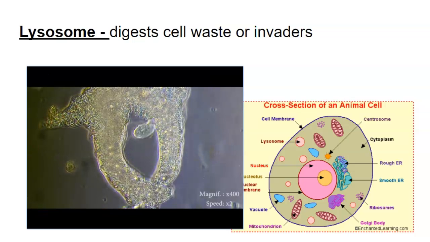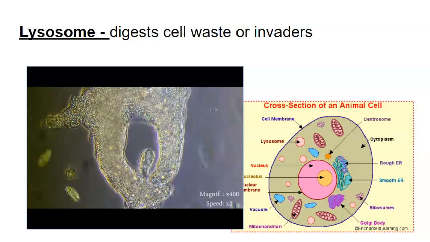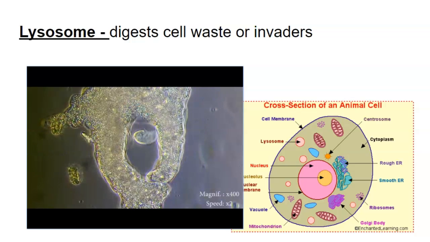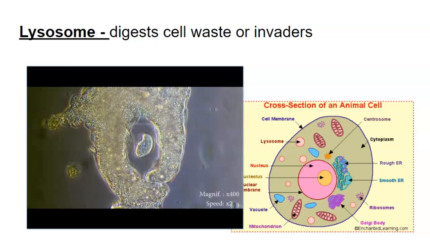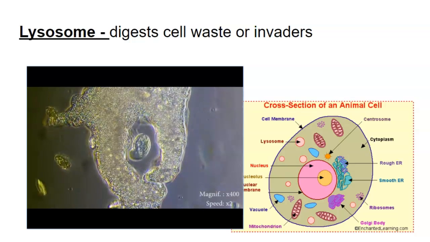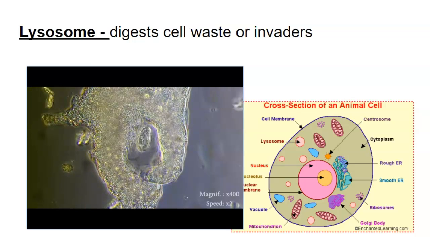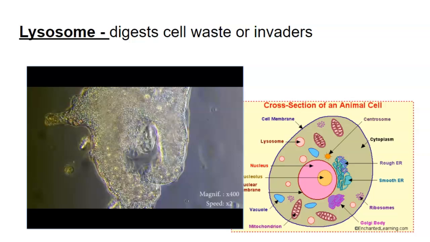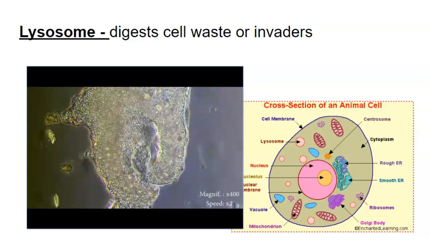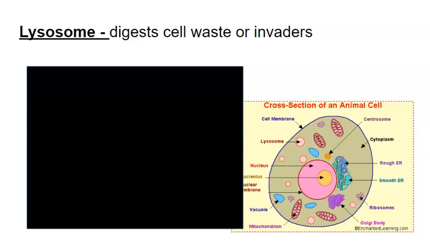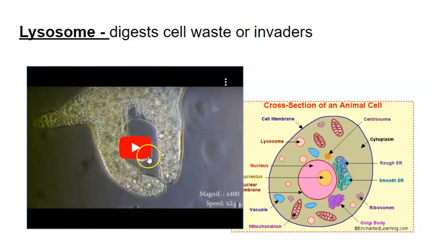What's going to happen is the lysosome then is going to release some digestive enzymes, some stuff to basically kill this guy. Eventually they're going to break this little guy apart and use all of his parts for energy or for building blocks for something else. All right, those are the parts of the cell.